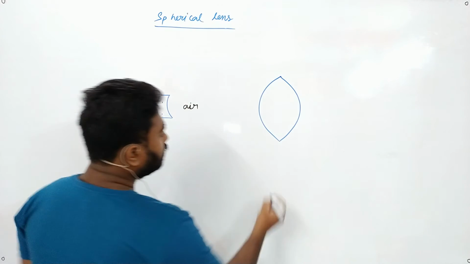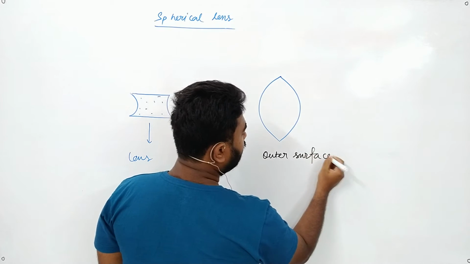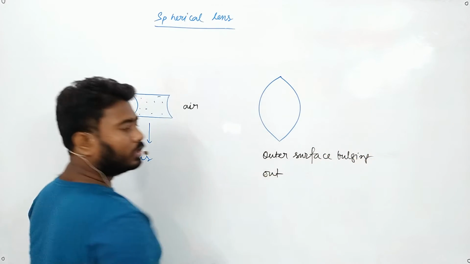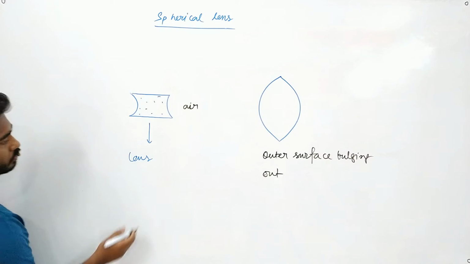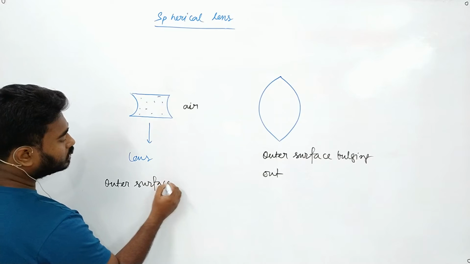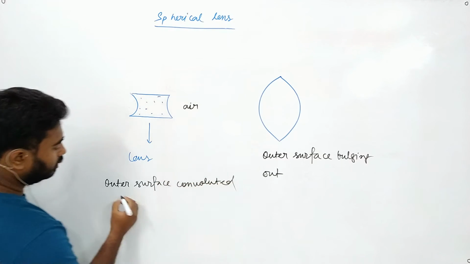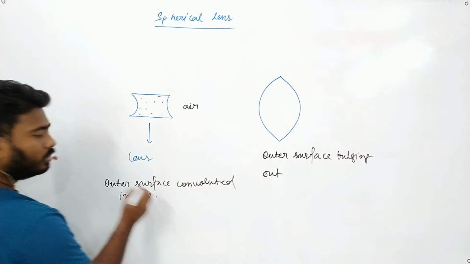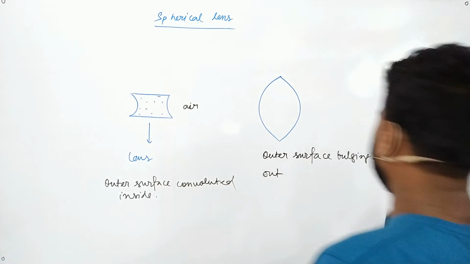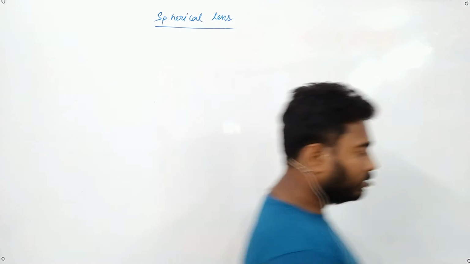So this one has the outer surface bulging out, and this one has the outer surface curved inside. Now let us understand the other thing. Suppose I am taking both of the lenses.